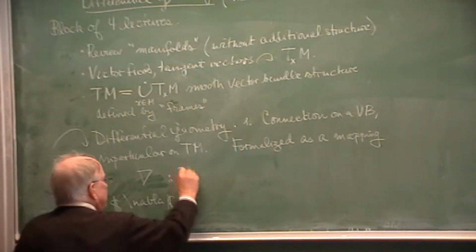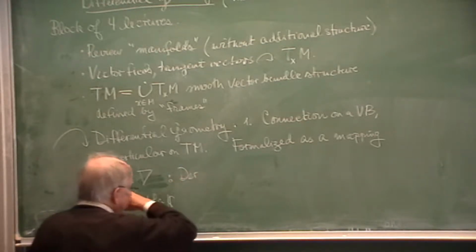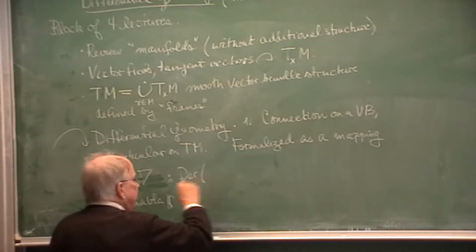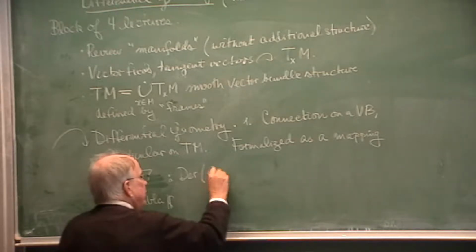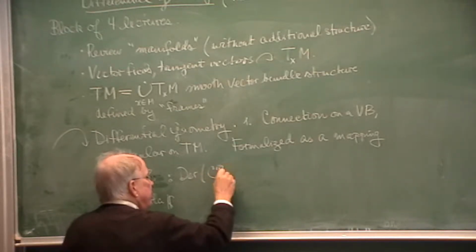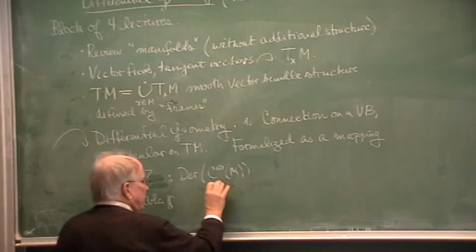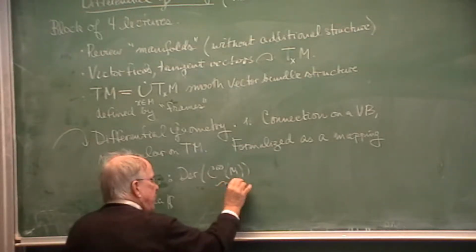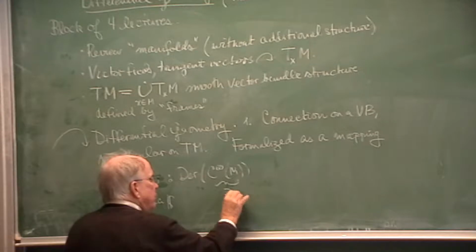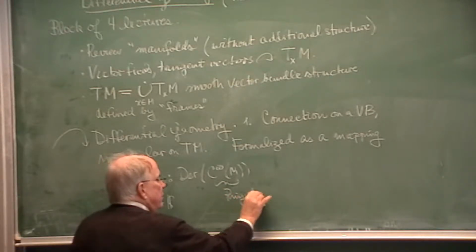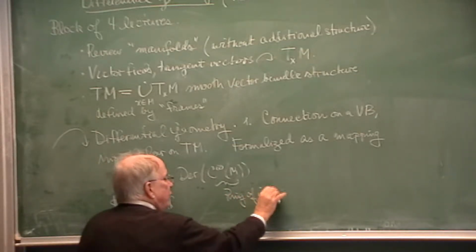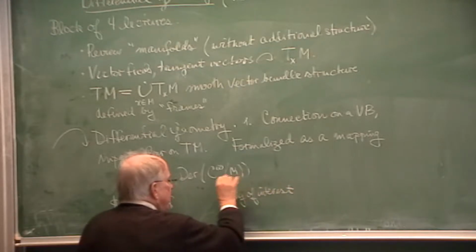And this is a mapping from the derivations on the C infinity functions. We will talk about this in algebra. This will be our ring of interest. I screamed at you last time that we should really look at the algebraic structures.